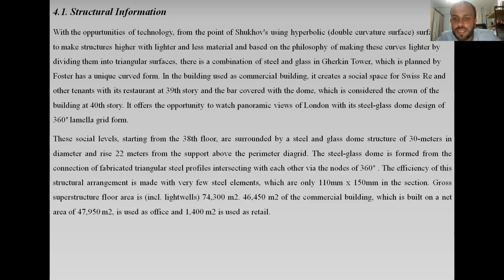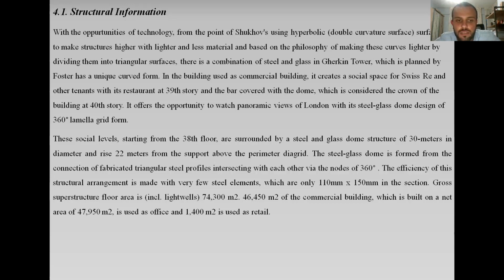The steel glass dome is formed from the connection of fabricated triangular steel profiles intersecting with each other via nodes of 360 degrees. The efficiency of these structural arrangements is achieved with very few steel elements, which are only 110 millimeters and 150 millimeters in section.